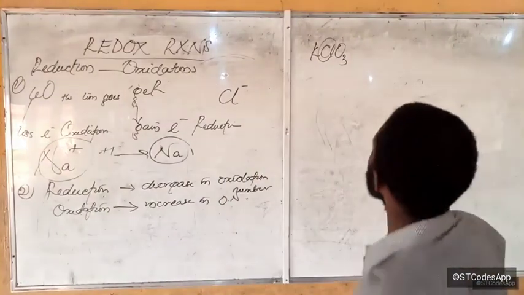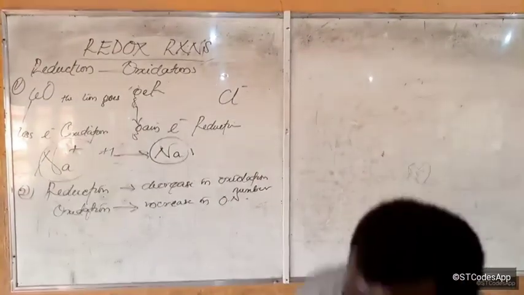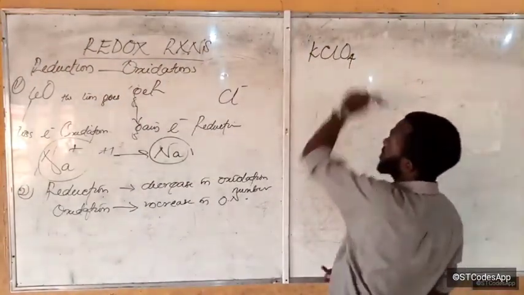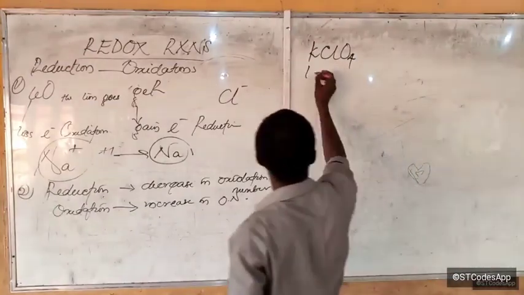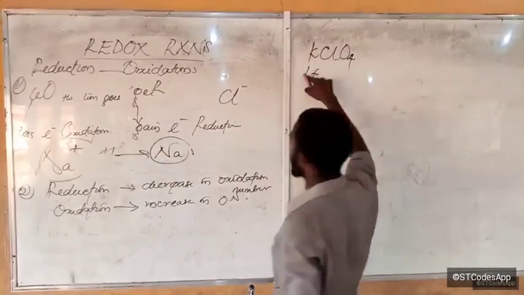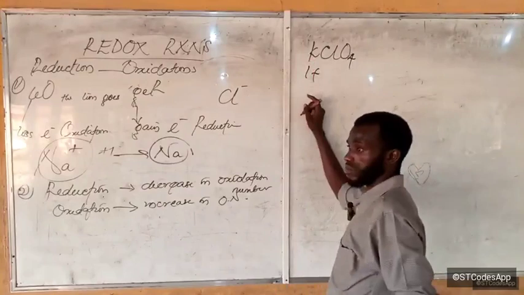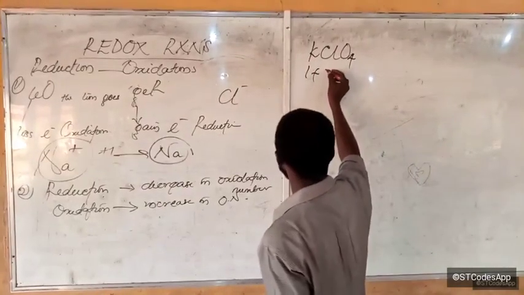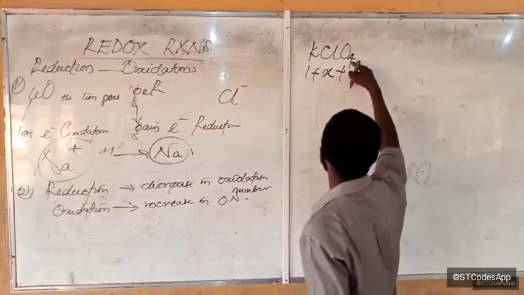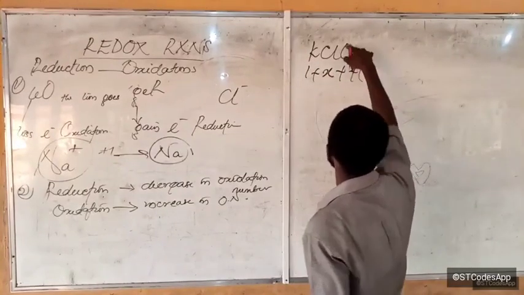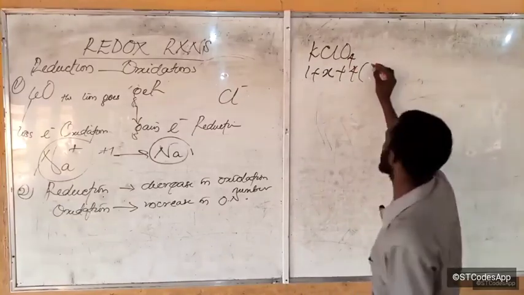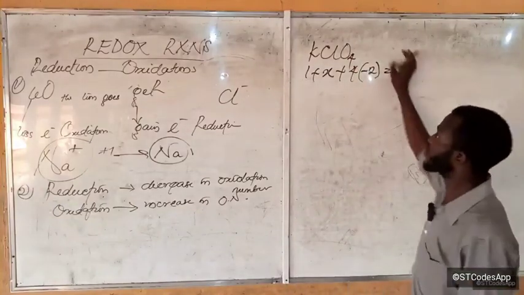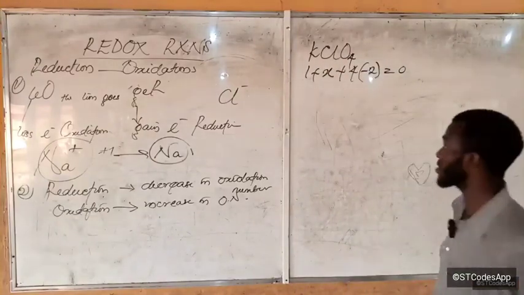So now, looking at this compound, let me write it. KClO3. We have to find the oxidation number of chlorine in this. We're going to have 1 plus the oxidation number of potassium, which is 1, because it's in group 1. And chlorine, we don't know, so we represent it by X, plus 4 into bracket. What is the oxidation number of oxygen? It is -2. Everything should give us 0, which is the total oxidation number of this ground state.